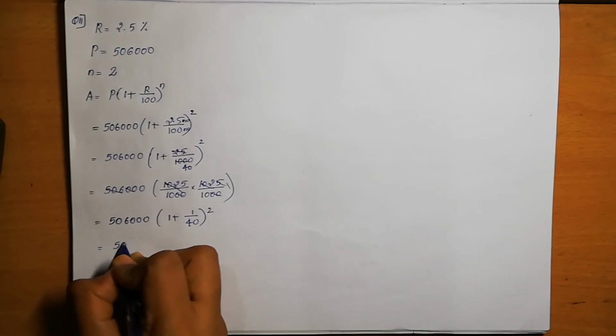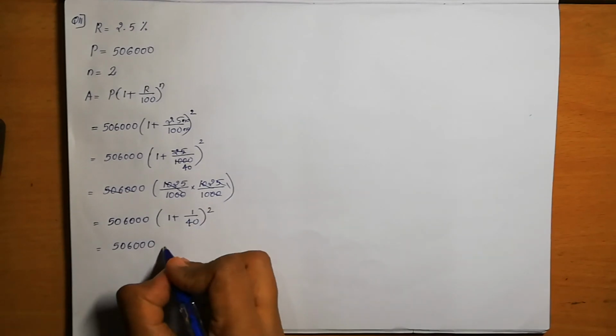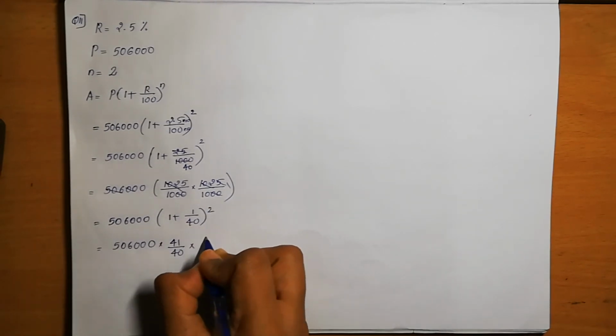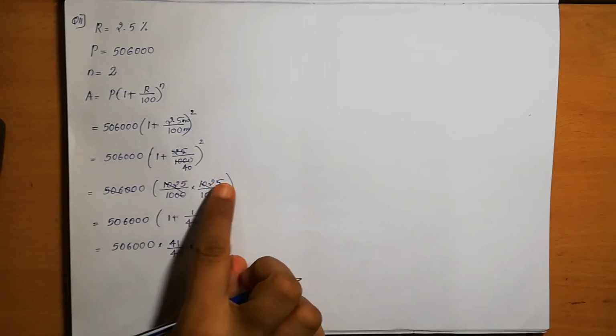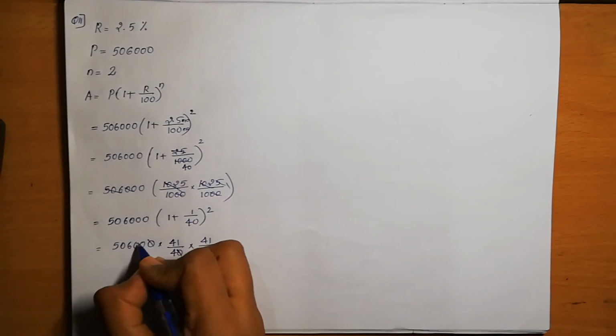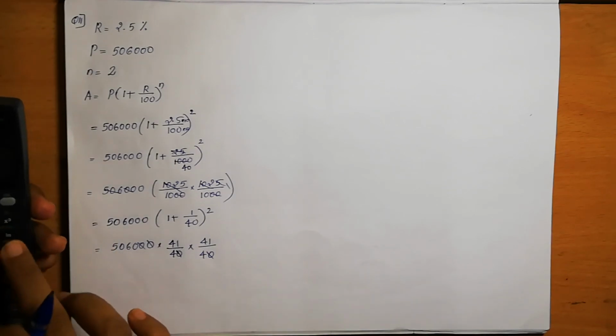So 5,06,000 into 41 by 40. 41 by 40, how many times we need to multiply? 2 times. See the difference. Here we need to multiply the bigger number. Here it becomes small only. That's why I simplified. So based on the simplification, we can simplify or we can directly also write.